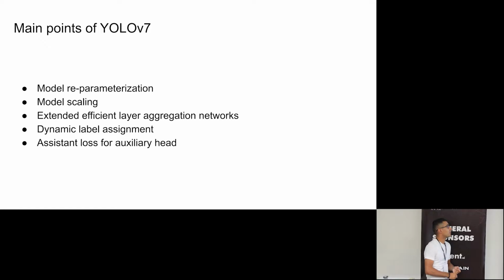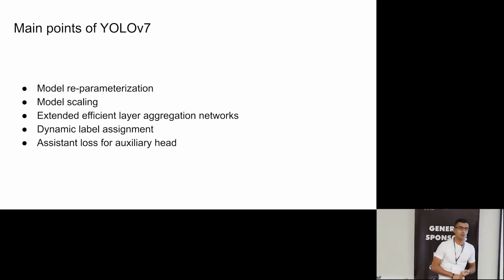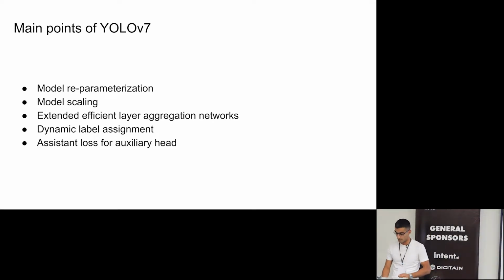Then they introduce a new kind of model scaling method, for when we have a model but want to increase or decrease its capacity. This is a huge research direction, and typically there are 3 dimensions that we scale: the width, the number of channels in each of the convolutional layers; the depth, the number of layers our model consists of; and the input resolution, so we're feeding a bigger or smaller sized image.